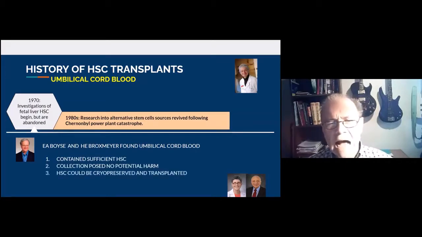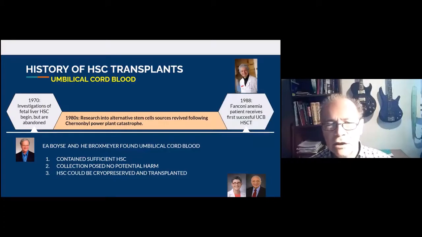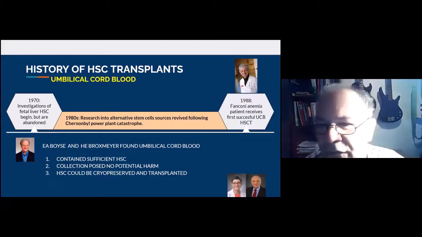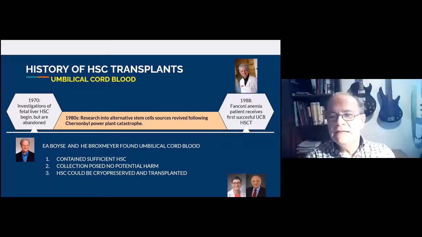Dr. Boyse and Broxmeyer found umbilical cord blood contains sufficient hematopoietic stem cells to restore hematopoietic cells and immune cells, and collection posed no potential harm, and hematopoietic stem cells could be cryopreserved and transplanted. In 1988 the first successful cord blood transplant was done by Dr. Eliane Gluckman in Saint-Louis, Paris, in a 5-year-old child with Fanconi anemia.